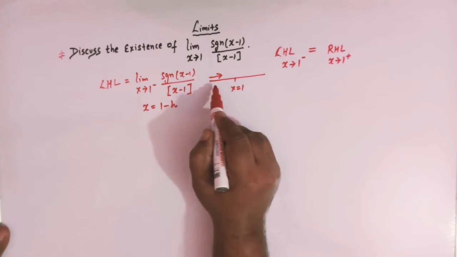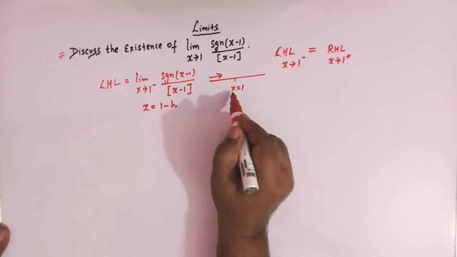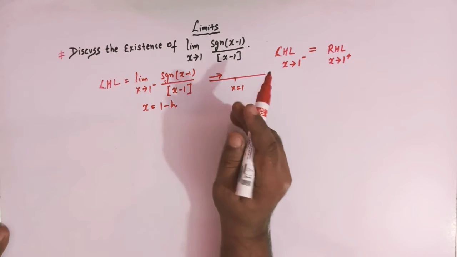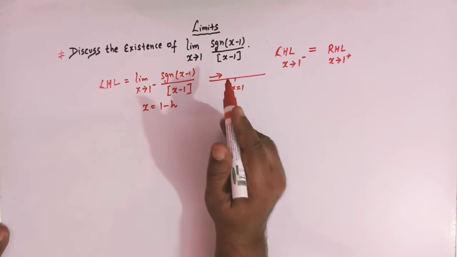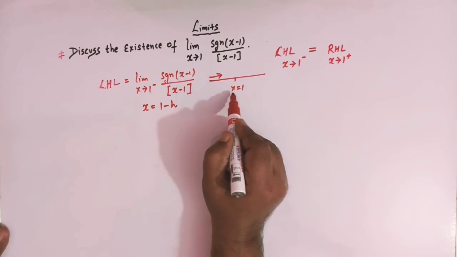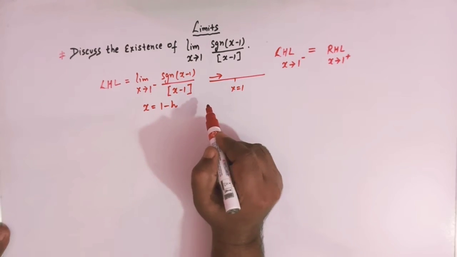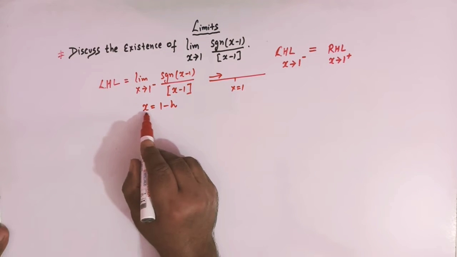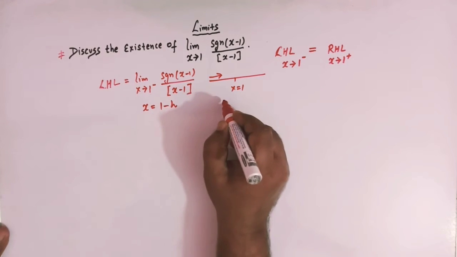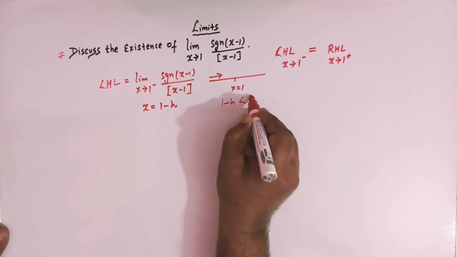And when we approach from the left of x is equal to 1, it implies that all the values which lie towards the left of x is equal to 1 are less than 1. So x is equal to 1 minus h implies that 1 minus h is less than 1.